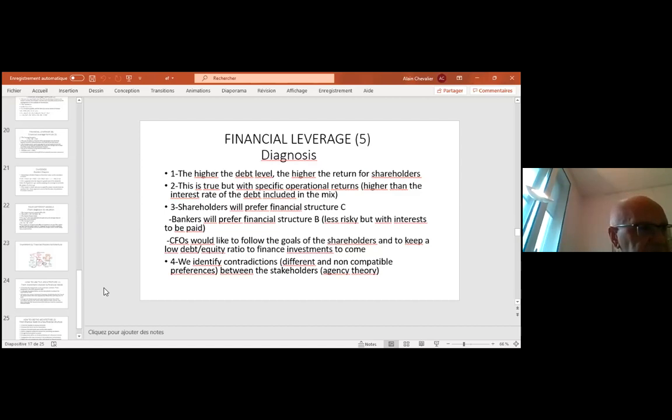But for interest rates very different from the operational return rate, we have a great impact of the level of EBIT, the level of operational return, on the return for shareholders, the earnings per share.